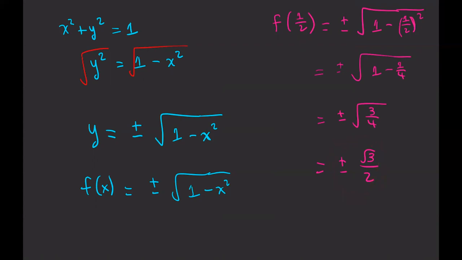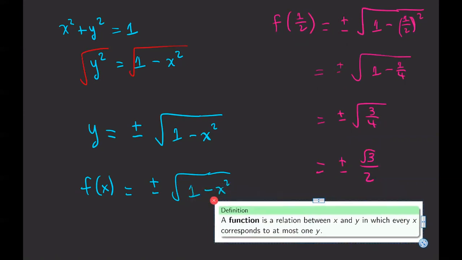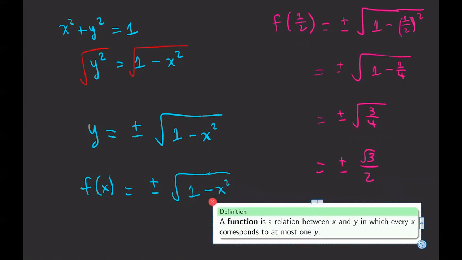And if we remember, that's exactly the definition of a function: every x has to correspond to at most one y. And in this case, because of the plus and the minus, we have two y's that came from one x. So that's a good example of when you can do this algebraically.